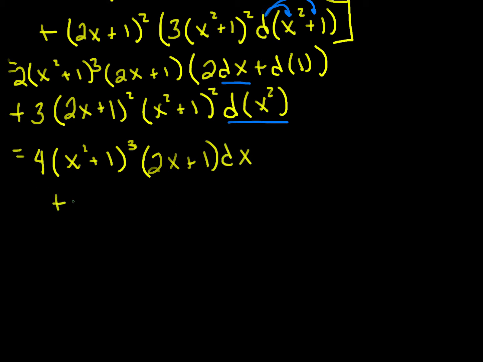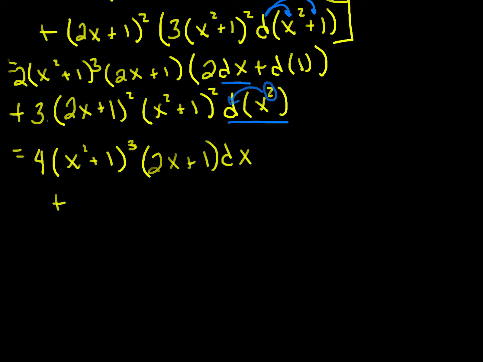Plus, so when I take the differential here, I'm going to get 2x dx. So I'm just going to quickly do that step. I think we've done the power rule enough times. Right, this 2 comes down, and it'll become the coefficient and reduced by 1.